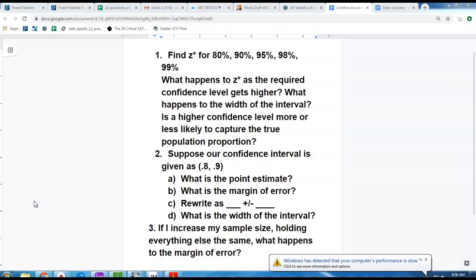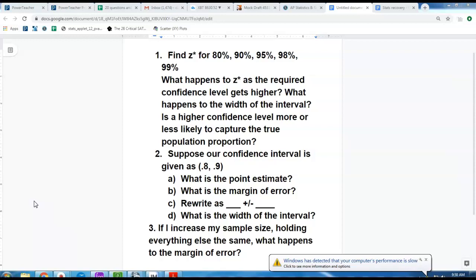So that's your rewrite, 0.5 plus or minus 0.1. This first number is your point estimate, that's our best guess. And this is the margin of error, that's how much you go each way. So the point estimate's 0.5, your margin of error is 0.1. And then the width is just how big it is. How is the width always going to be related to the margin of error? It's just going to be double, right? Or half, depending on which way you look at it. Does that help for number 2?